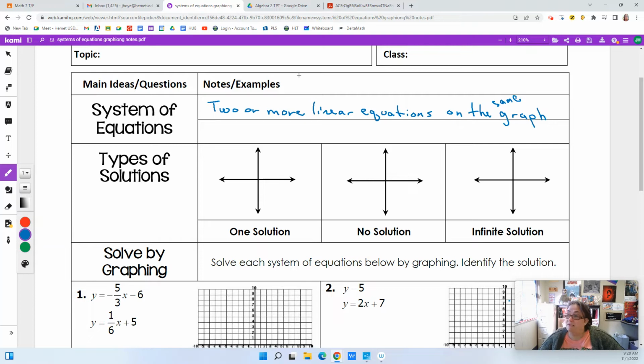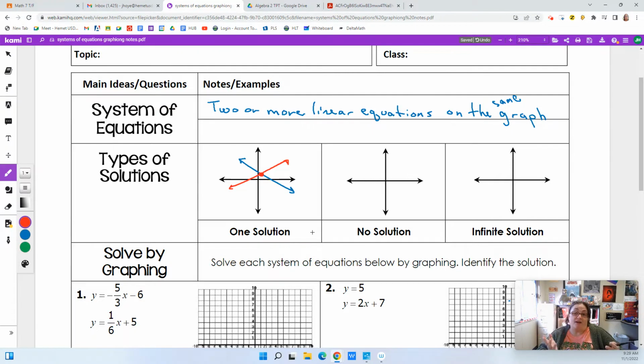When you have one solution, say I have the graph of an equation that looks like this, and I have the graph of an equation that looks like this. Where these two intersect is our solution, that point of intersection.